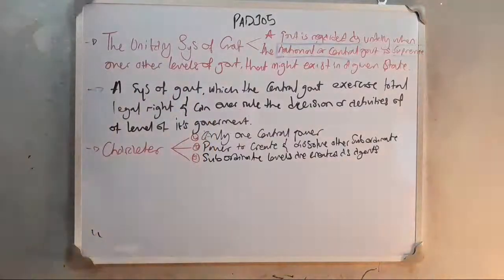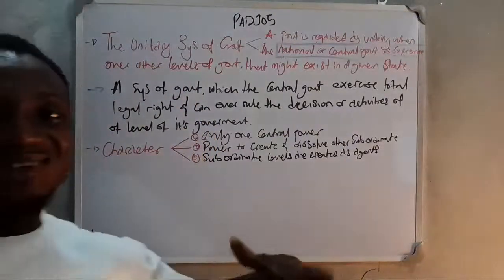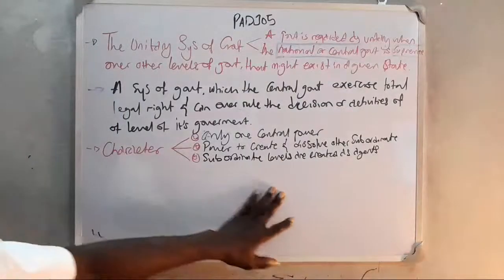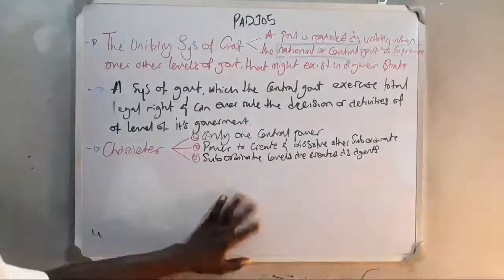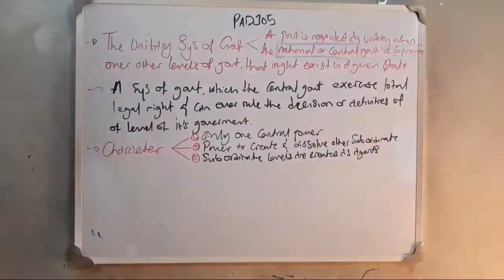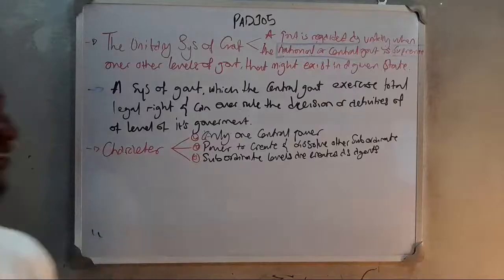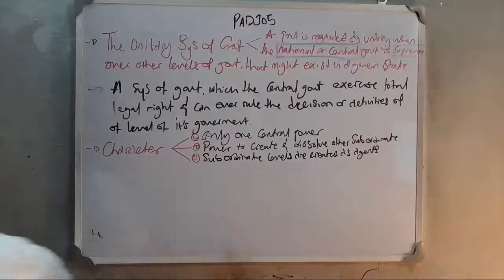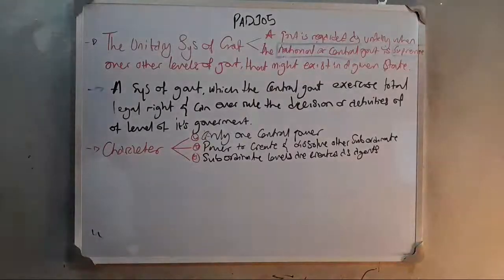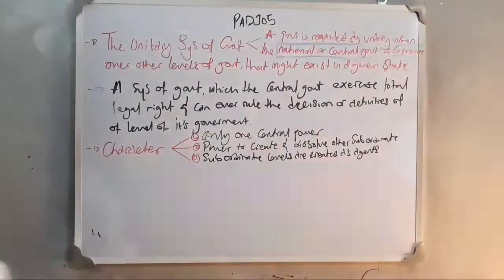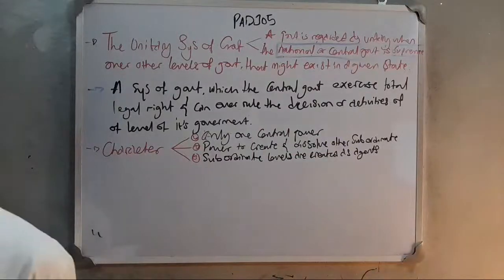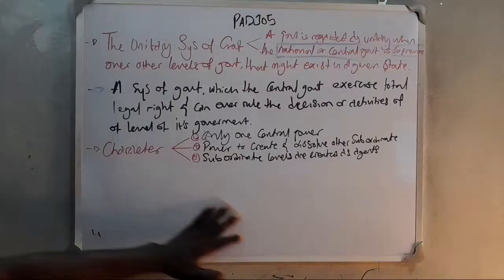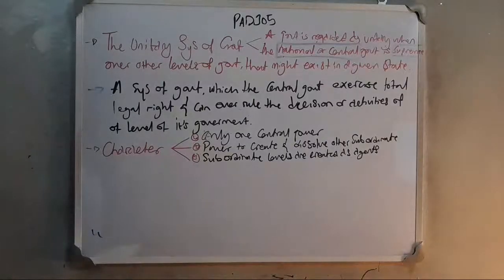So their usefulness is not as important as it is in the other type of system of government. Here, other levels of government are seen as agents created for the central government, and they can operate either unicameral or bicameral legislative.